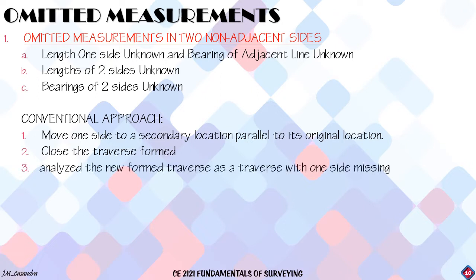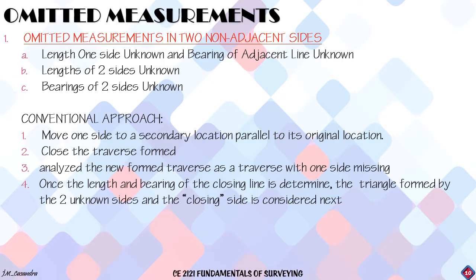So from the closed traverse, we now analyze this as a traverse with one side missing. So we compute for the latitudes and departures, and then compute for the closing line, same as the step for adjacent sides.